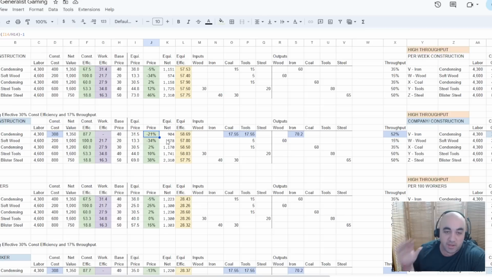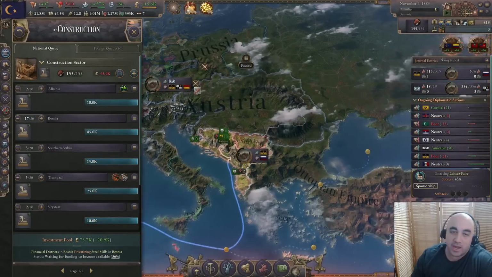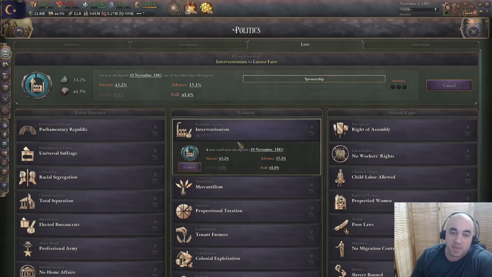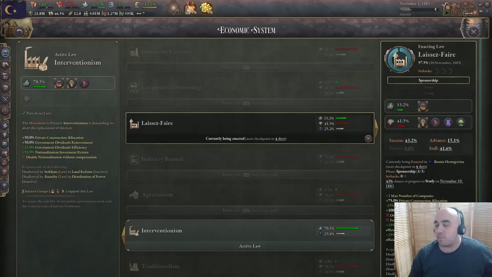This is a topic for another video, but the important thing to emphasize, as we are drawing into talking about command economy, is that the reason we hate command economy is because it has a bunch of negative money modifiers that delete money from the economy. So even though you're, in theory, extracting more money from the economy, you don't actually extract any more money. Instead, you actually have less control over funds when you go command economy.